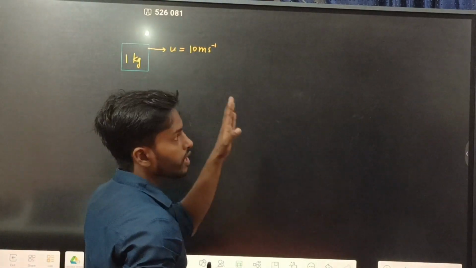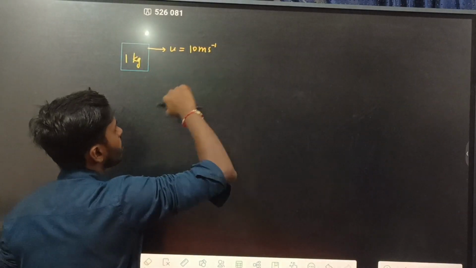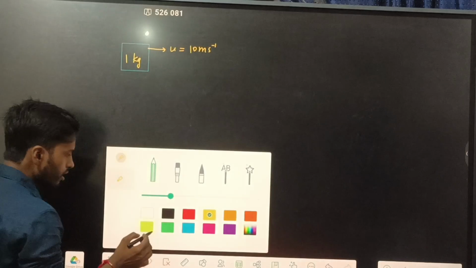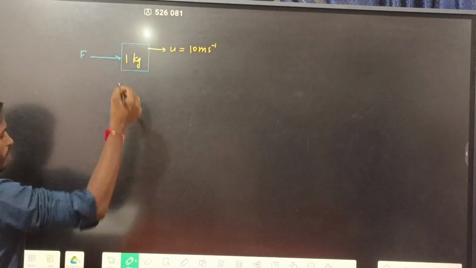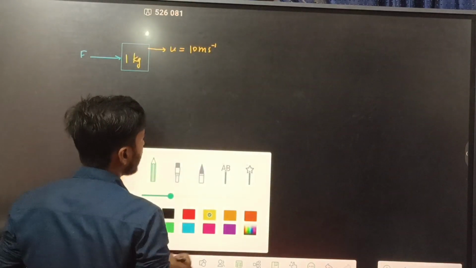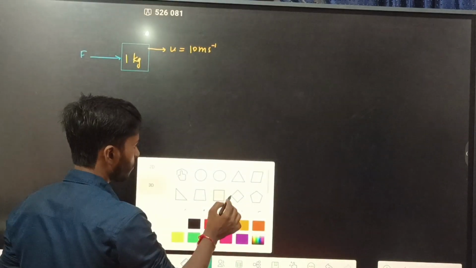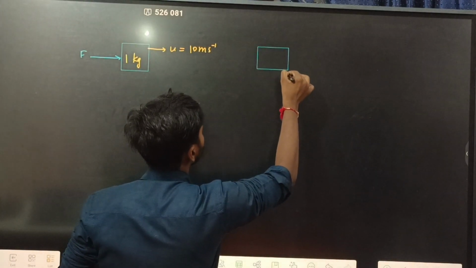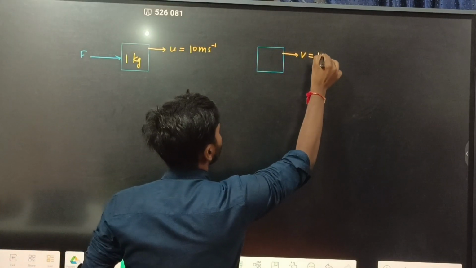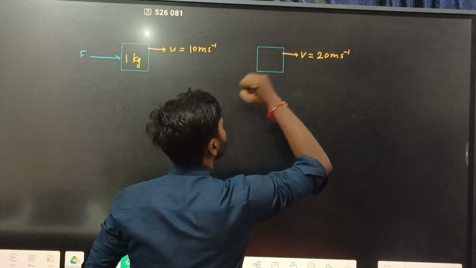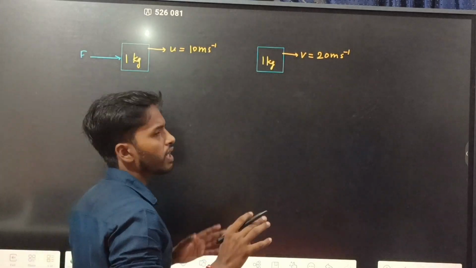U is the initial velocity; we always denote initial velocity by U. Suddenly a force F is applied on this body, and its final velocity becomes 20 meter per second, and the mass of that body remains the same because mass is constant.